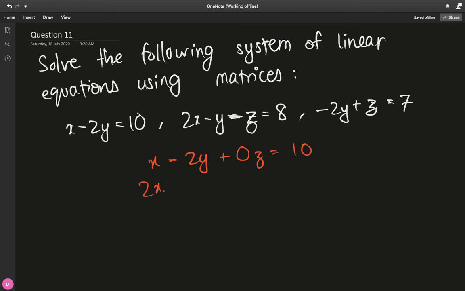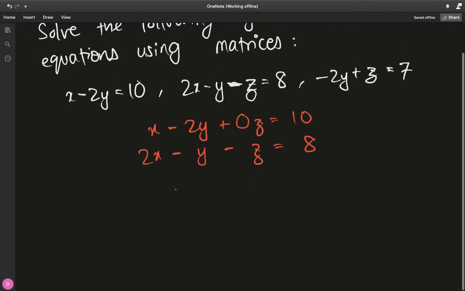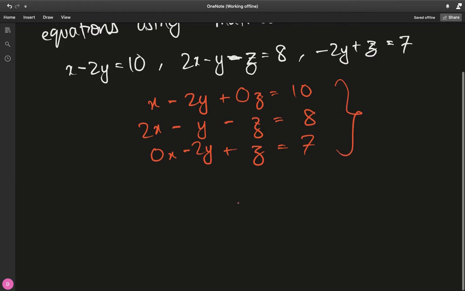Okay, and then we have 2x minus y minus z being equal to 8. And then we have 0x minus 2y plus z being equal to 7. Okay, so this is our system of equations. And they're saying using matrices.